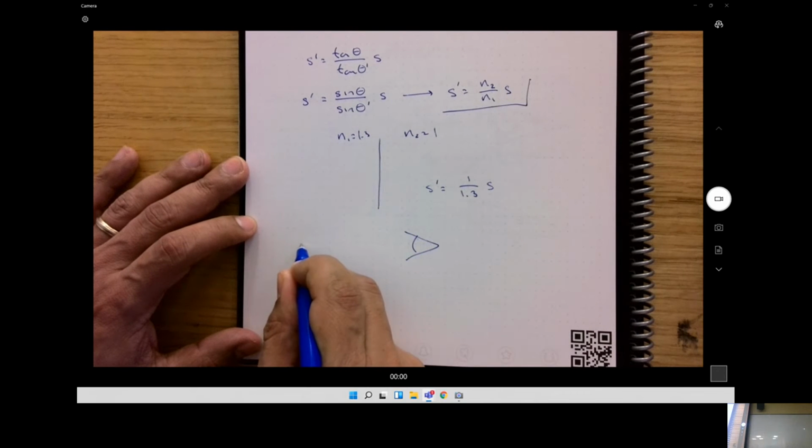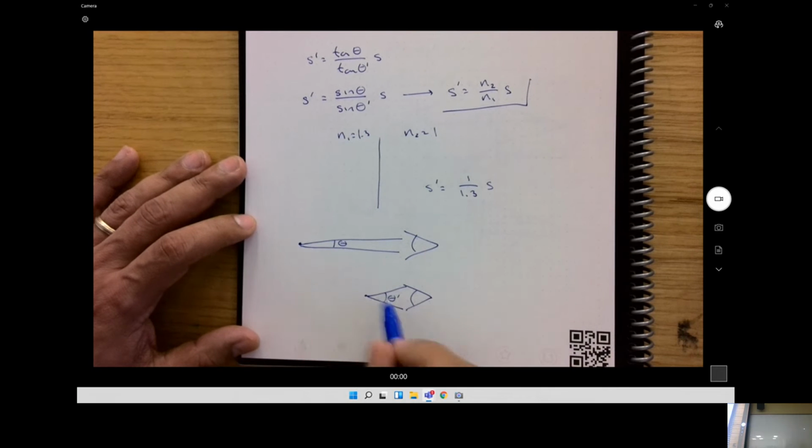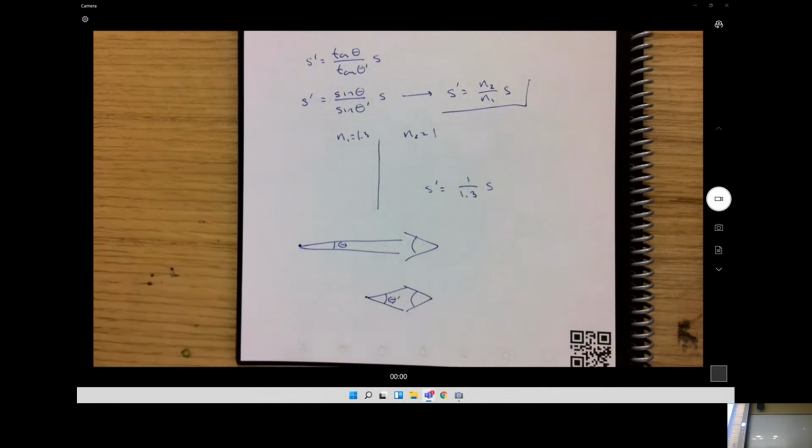The size of the tip of your pen is not getting bigger. It just looks bigger because of the angle. If I have my pen at one distance, I have this angle theta, and if I put it closer, this angle is going to be bigger. So this increase in the angle makes it seem larger, even if you're only looking with one eye, so it has nothing to do with stereoscopic vision.